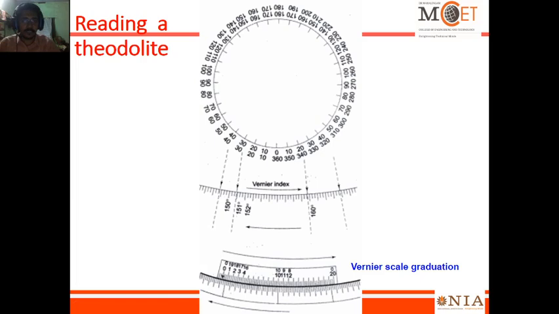In both circles, the graduation for the degree will be like this, right? So 0 to 90, 0 to 90, 0 to 90 will be helpful for the vertical angle. For the horizontal angle, 0 to 360 degrees is helpful.